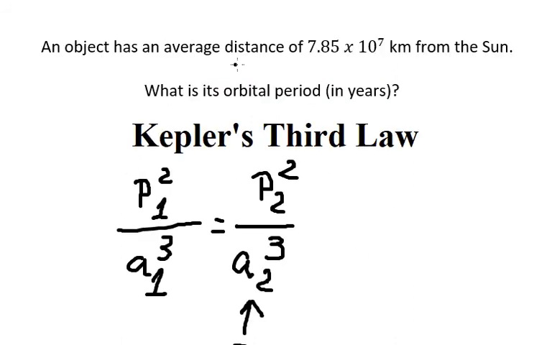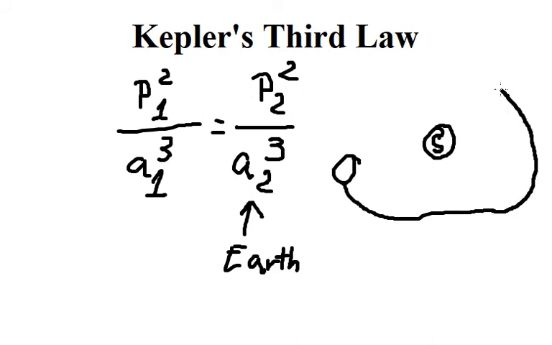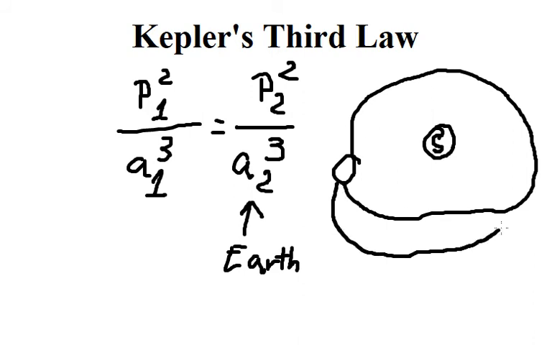So we know that, for example, we have the Sun here, and this is the planet. They go around the Sun. So B is about the planets. They go around the Sun and finish one ellipse here.